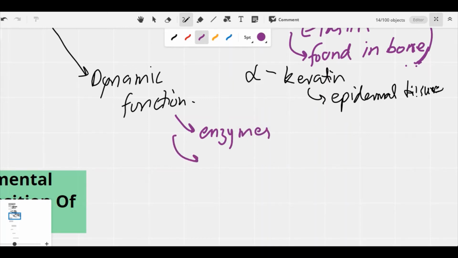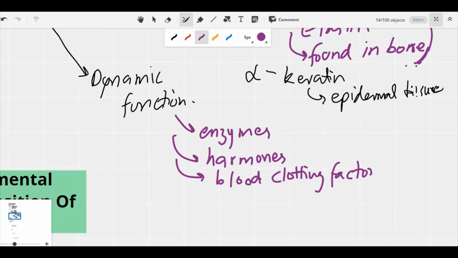The second one is hormones. The third one is blood clotting factors. The next one is immunoglobulins, then membrane receptors, along with a lot of other functions like storage proteins, besides their functions in genetic roles.